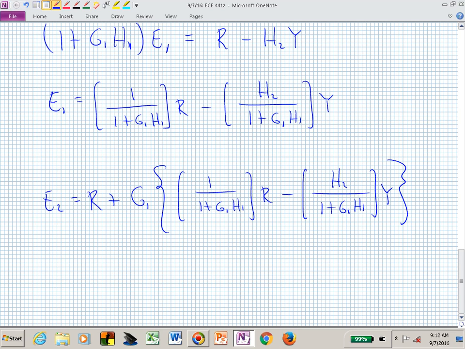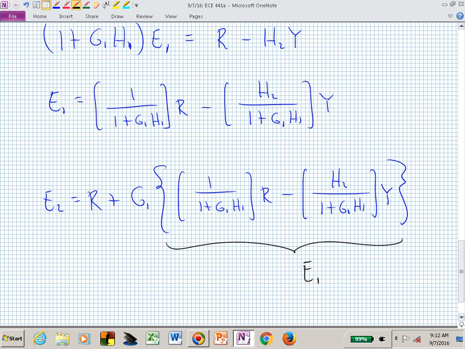Is that okay? All of this in curly brackets was E1. And E2 was just R plus G1 E1.